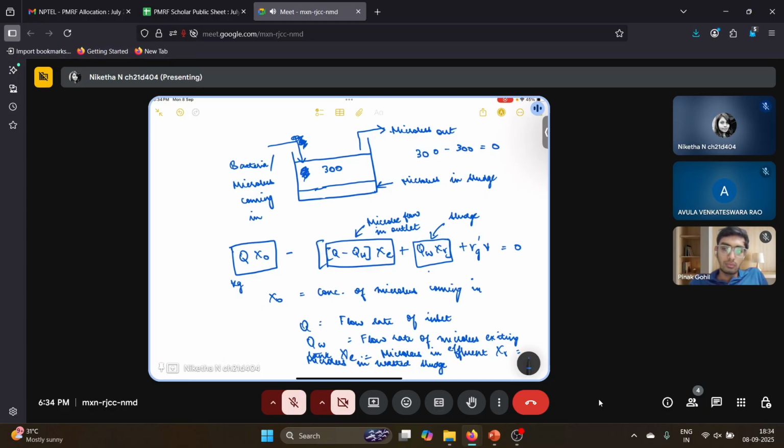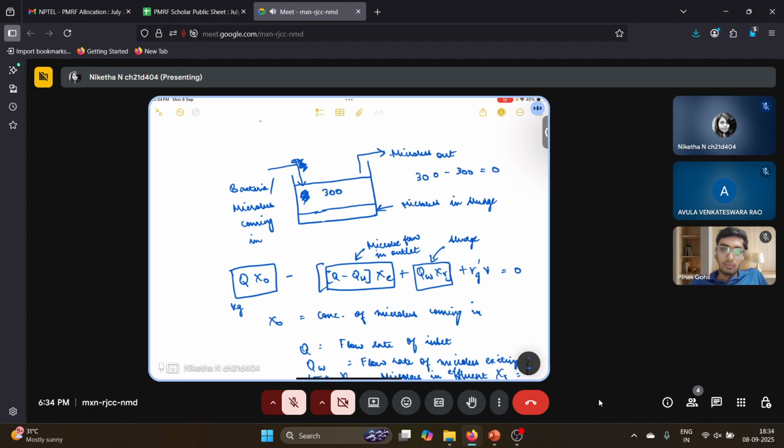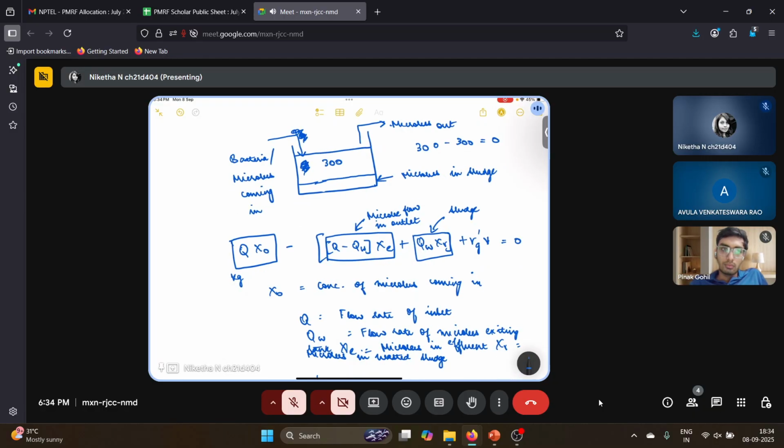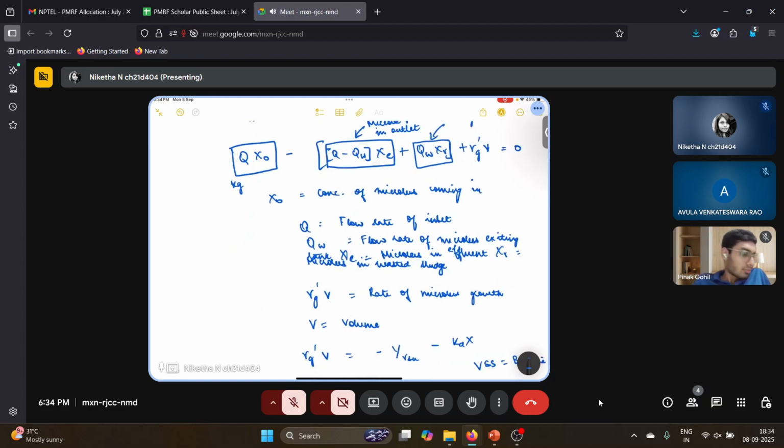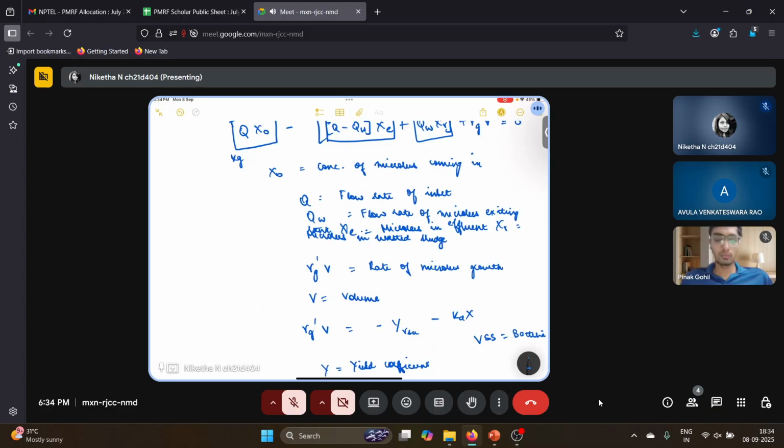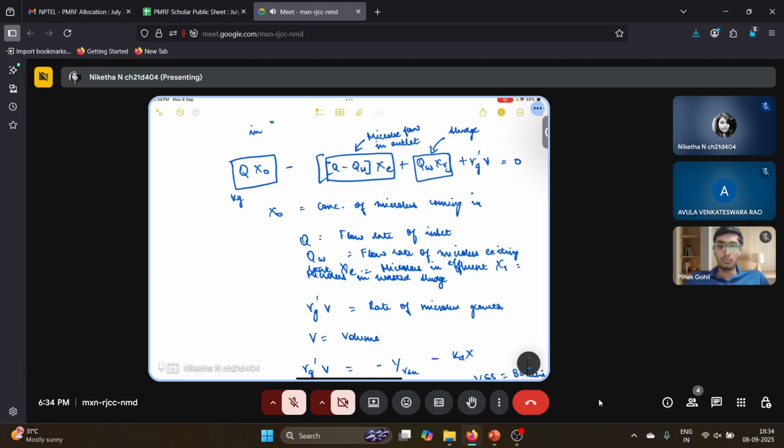That is what we have added here, plus the growth of microbes inside the tank. The sum of these three terms should be equal to 0. Is this clear? Yes.